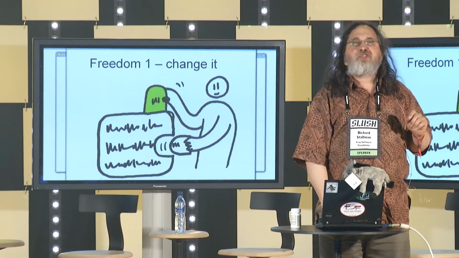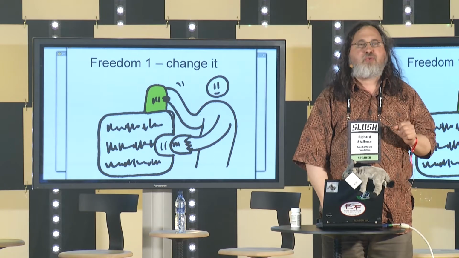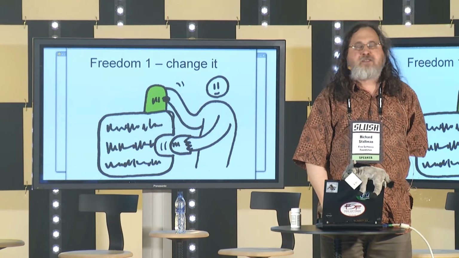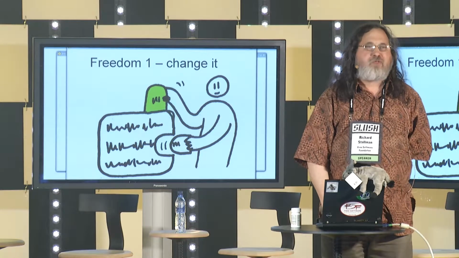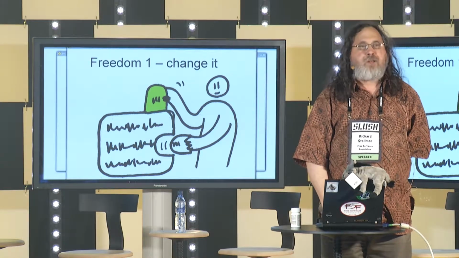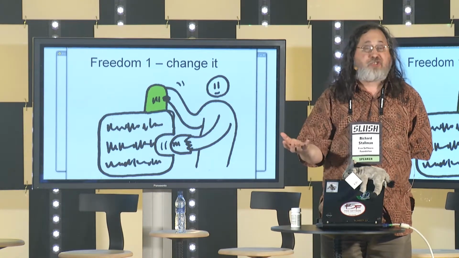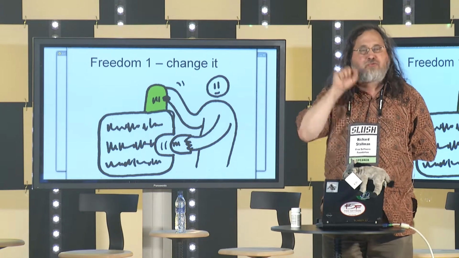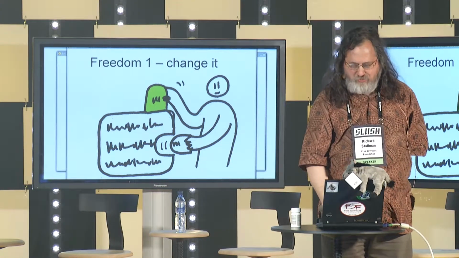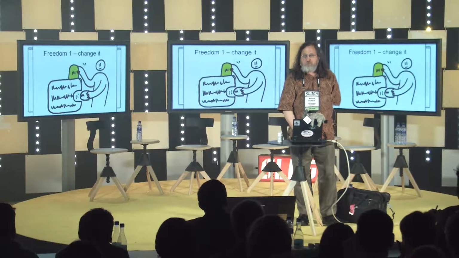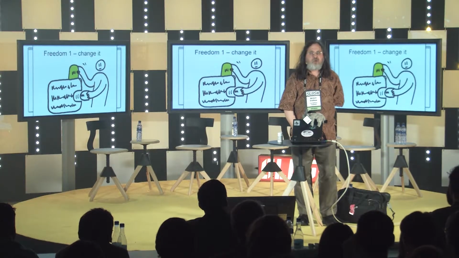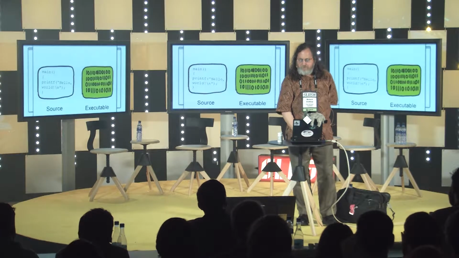There are computers that are designed not to let you do that. There are some Android devices where you get the source code of the system, and you could change the source code, but the machine won't run your changed source code. That's not freedom 1. You've got to really be able to replace the version you got with your changed version.